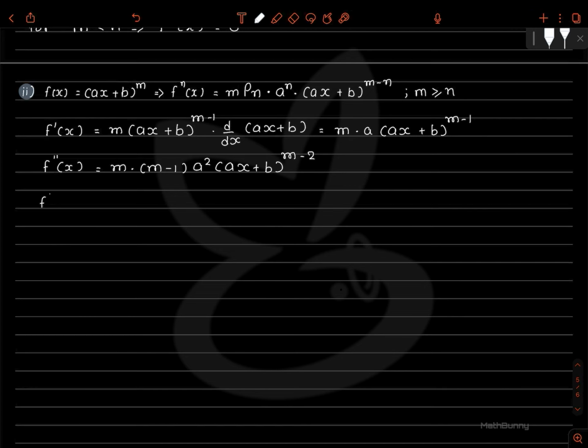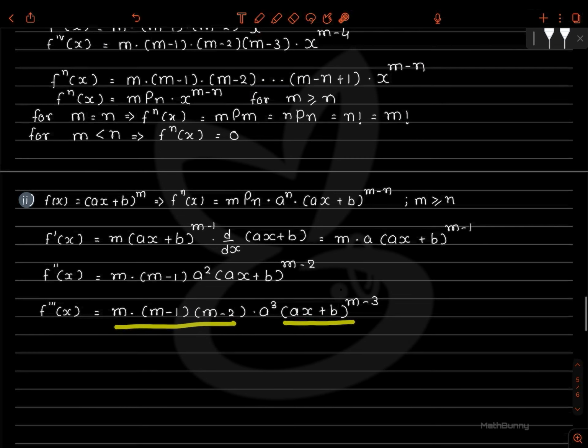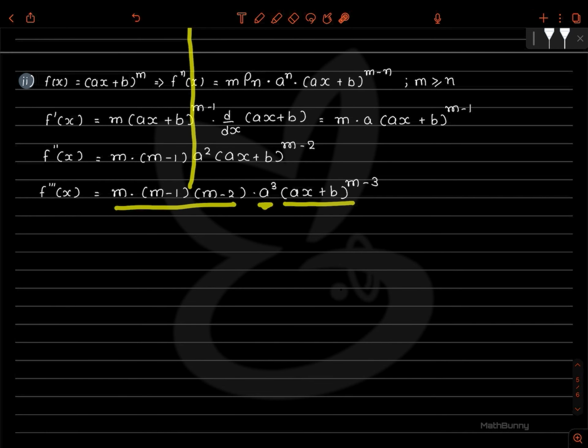Again, differentiating, f triple dash of x would be equal to m into m minus 1 into m minus 2 into a cube into (ax plus b) raised to m minus 3. You can see these terms are the same as the previous example, and the power of a keeps increasing as we differentiate further and further.